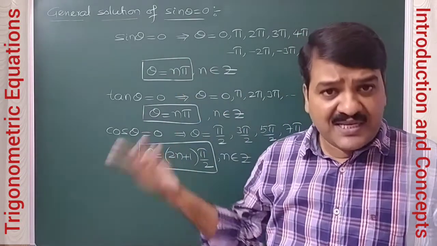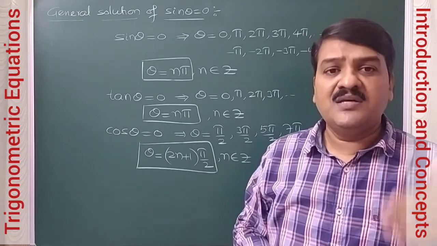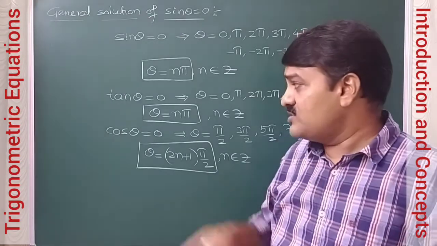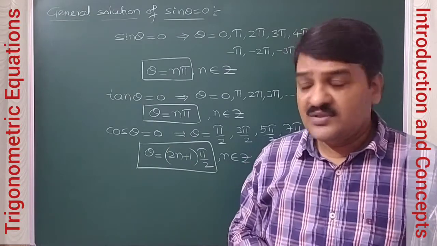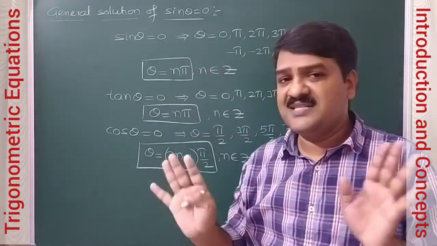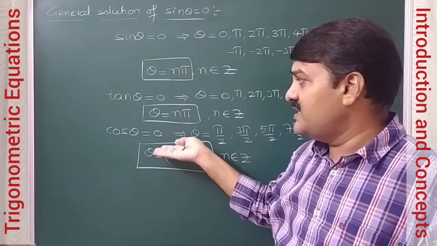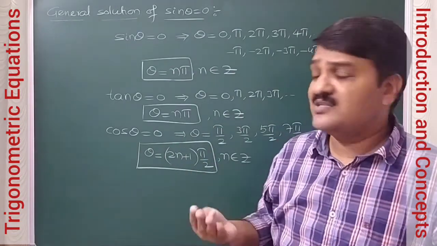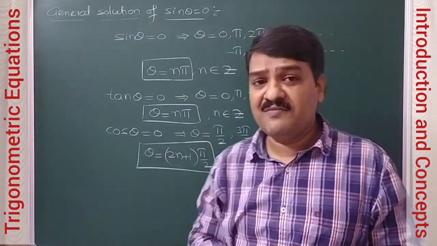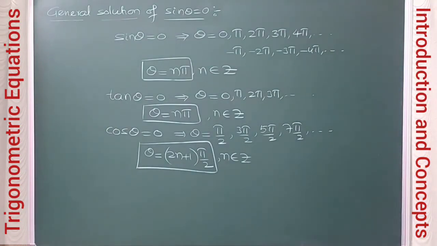If cot theta equal to something is given, reciprocate, you will get tan theta, use the tan theta general solution. So when we learn general solution formulas for these three functions, it is enough. The remaining three functions are anyhow reciprocals of these. So we can reciprocate the functions and use the general solution formulas of sine, cos and tan.